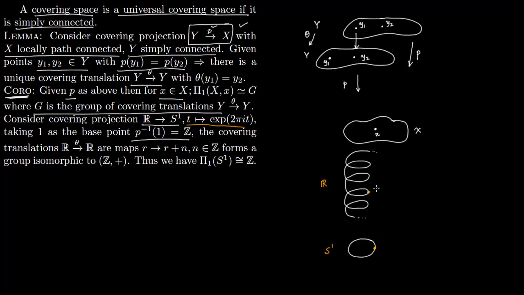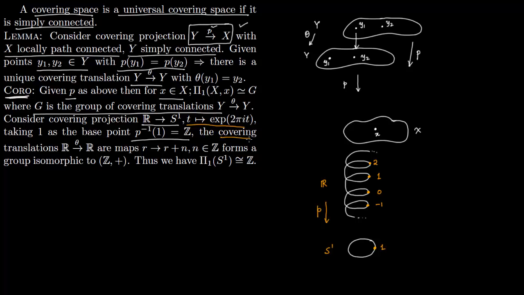This might be the copy corresponding to integer 0, this might be the copy corresponding to integer -1, this to integer 1, and this to integer 2. So the lifting of 1 is all these integers. It is getting lifted to different integers here, so P inverse of 1 is the entire set of integers. This is the standard projection map.